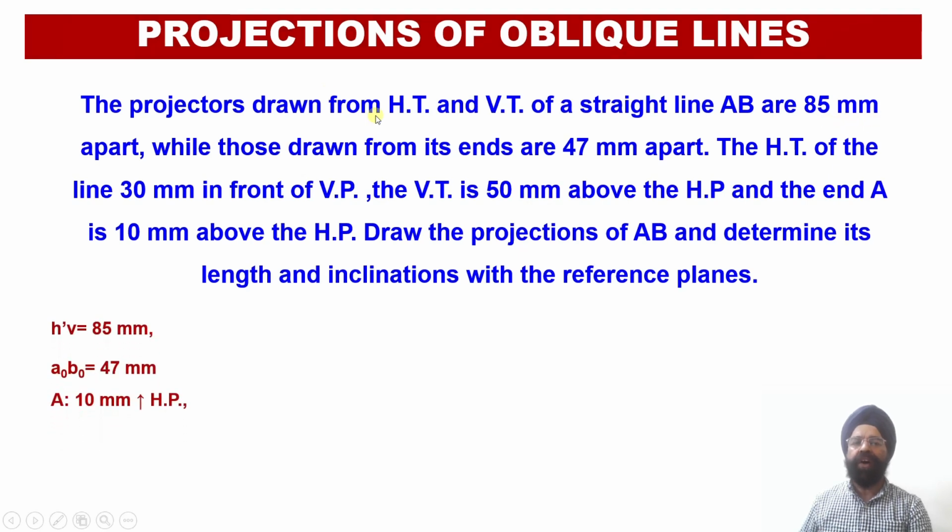The point of intersection of the projections of the line, that is small ab in the top view, when extended to the XY reference line, will give me the point V. So we have been provided with the distance between H dash and point V measured along the XY reference line.